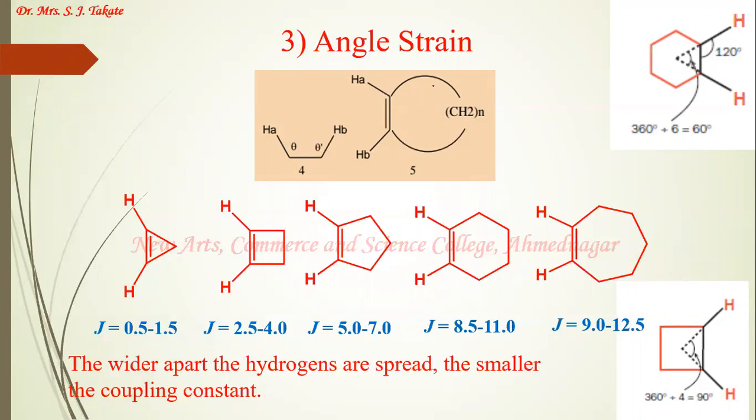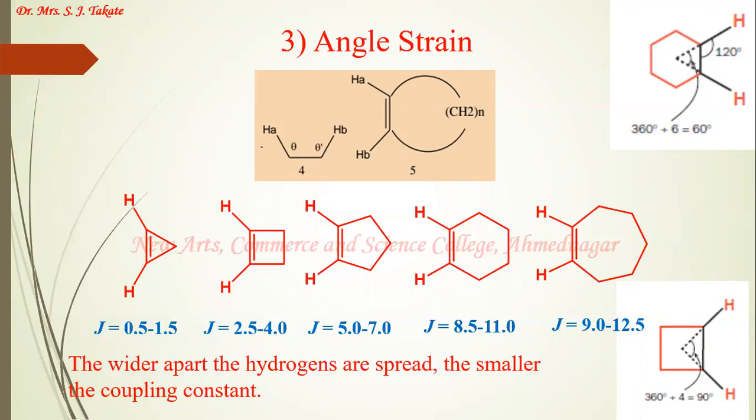Now today we will study the third factor, that is the angle strain. This angle strain is studied especially in the case of cyclic olefins. In cyclic olefins, the cis vicinal coupling constant values are greatly affected by these two angles.